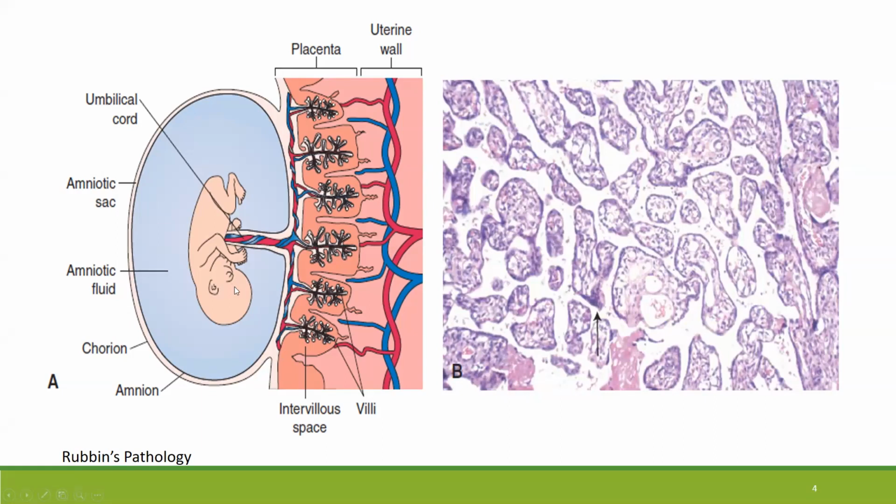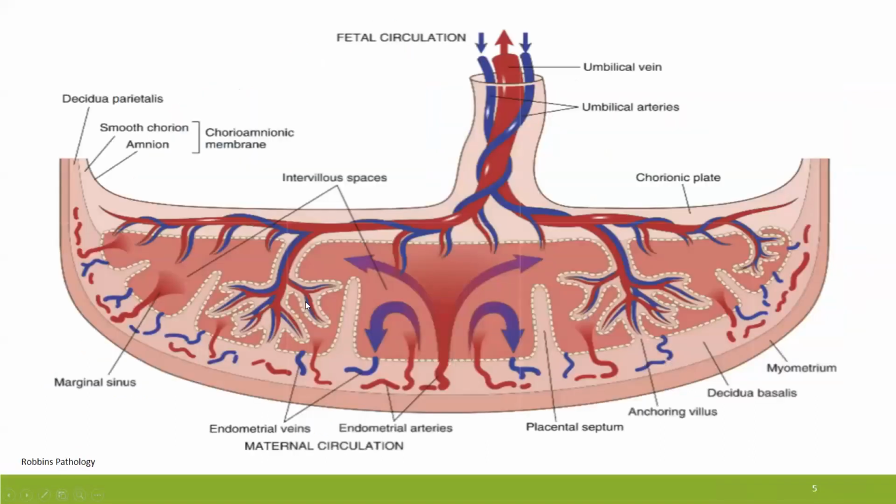The amnion is facing the baby. The chorion is facing the outer surface. So we have two umbilical arteries and one umbilical vein, and we have the intervillous space. These are the chorionic villi.